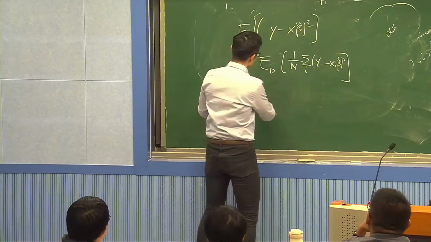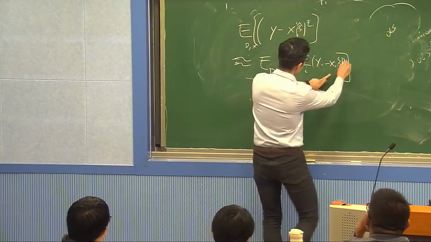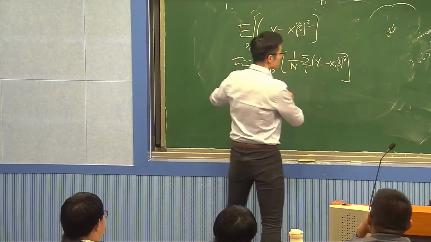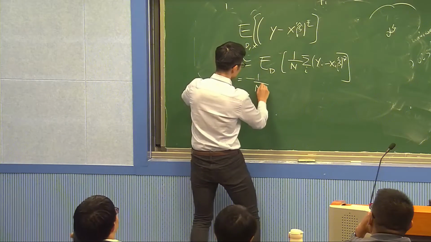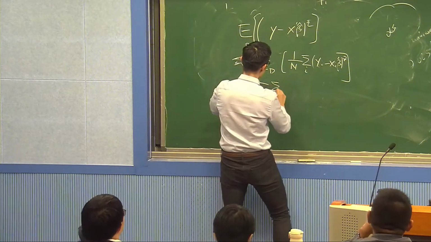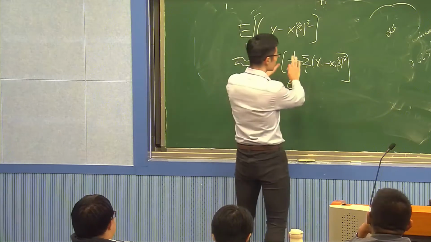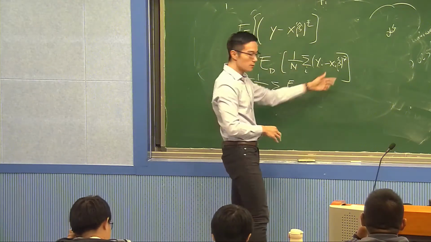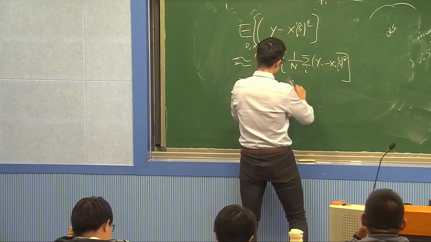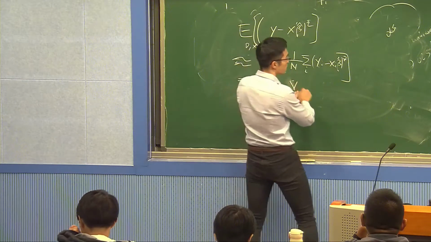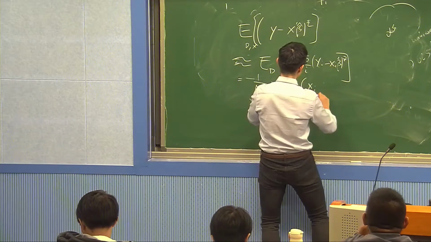All right, but what is this? This is also a square, so this is equivalent to 1 over n, summation over i, of the expectation. I take the expectation inside of this square, which, because it's unbiased, gives us the variance of x_i beta hat.